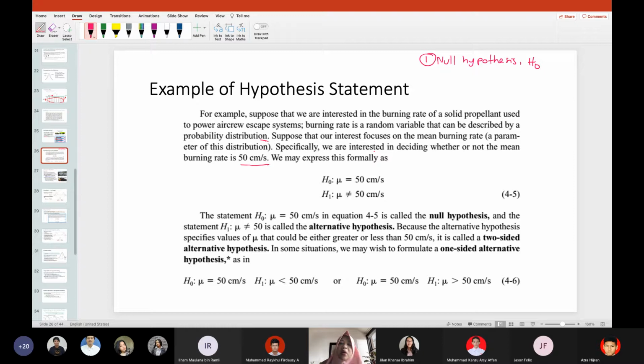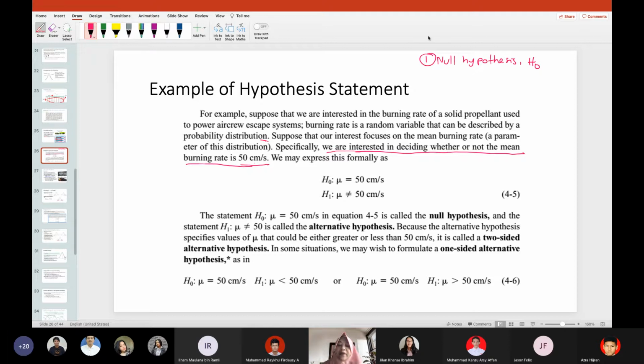So here we have the statement that we are interested in deciding whether or not the mean burning rate is 50 centimeters per second. Kita ingin tahu apakah laju rata-rata pembakaran adalah 50 cm per second.